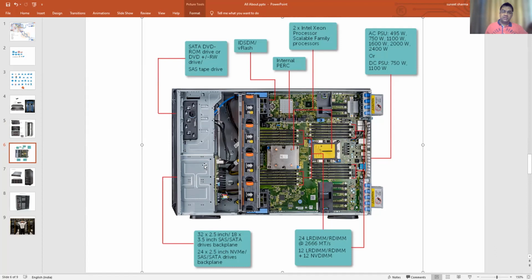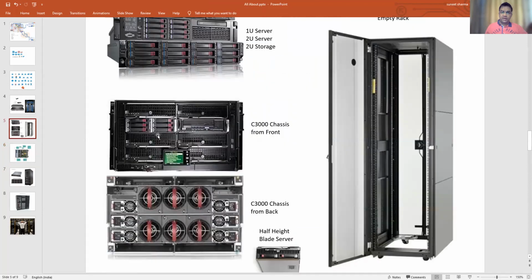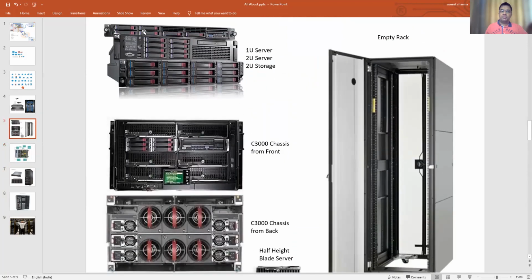So it becomes expensive. Now, if we see any server from the front side, there are multiple drives. So we have to learn about what these multiple drives are doing. If we put one drive, then it should be enough, but no, there are multiple drives. Why? So that we can configure RAID, right?